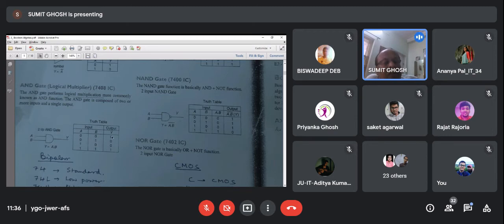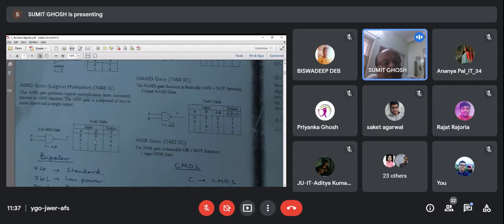So these are the input combinations. Now what is the output? It is A and B. The logical expression for this is that output. Now before I say that, I will say one more thing. This 0 can be said as low, or this 1 can be said as high, or this 0 can be said as false and 1 can be said as true.